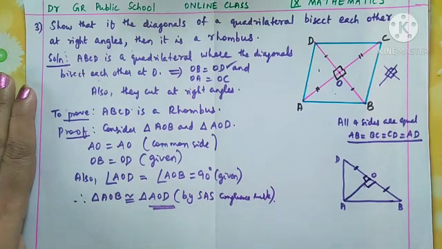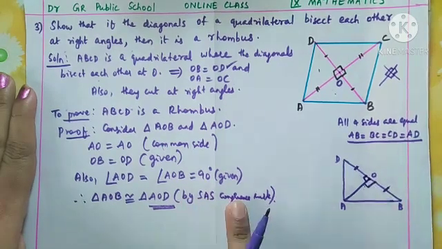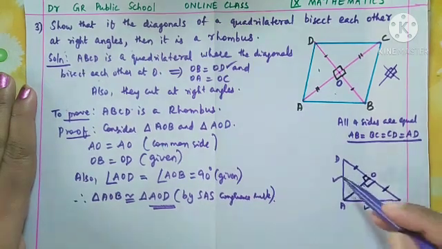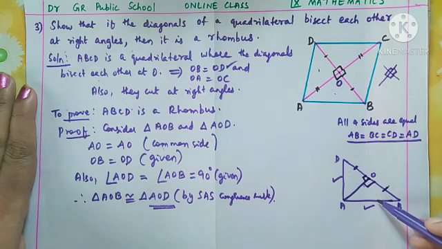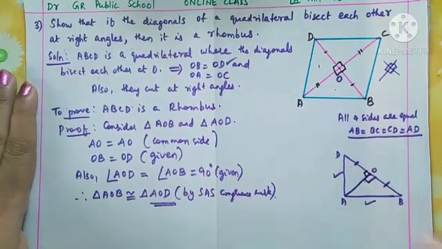So one part is over. Now when these two triangles we proved by SAS they are congruent, you can say the two corresponding sides, that is AB and AD, they are corresponding parts of these two congruent triangles, and so because they are corresponding parts, by CP/CT they are equal.